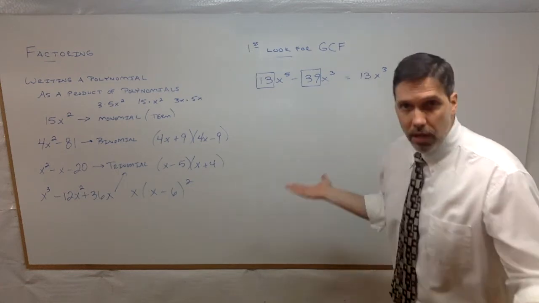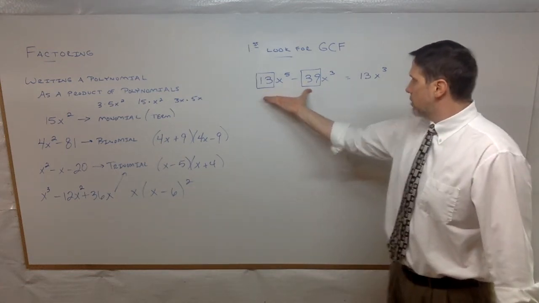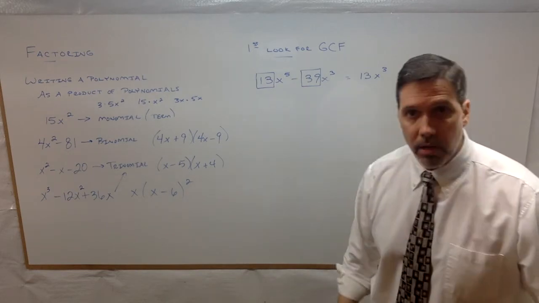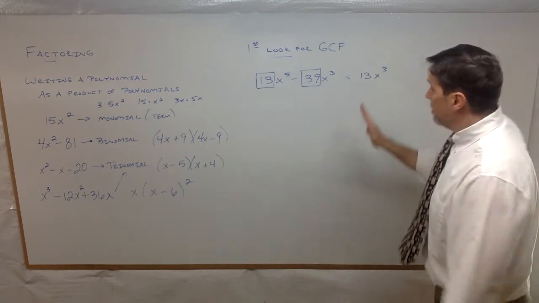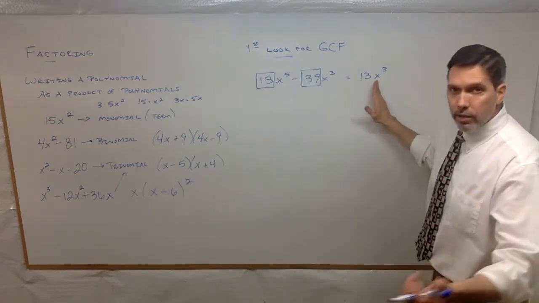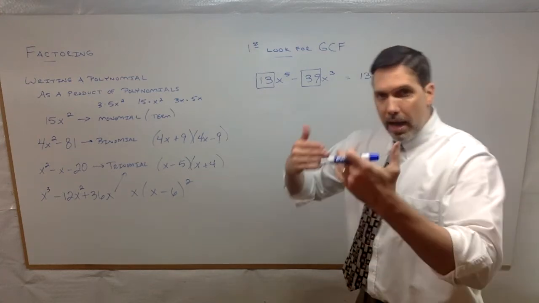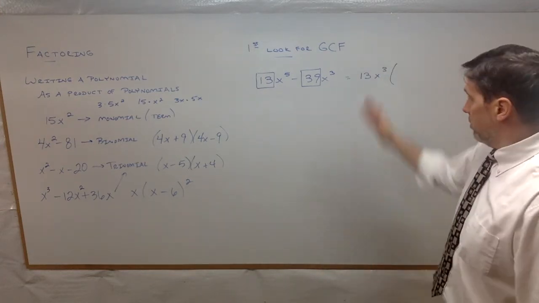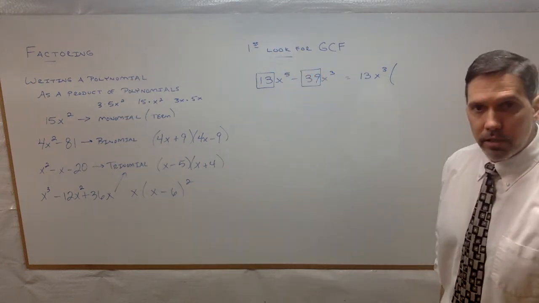Now, that doesn't mean you're done. That's not factored. 13x to the 5th minus 39x to the 3rd does not equal 13x cubed. Both sides have got to be the same. So 13x cubed is one of the factors, and now you're going to find the other factor by undistributing. Right? With distributing, you multiply. Undistributing, you're actually dividing.